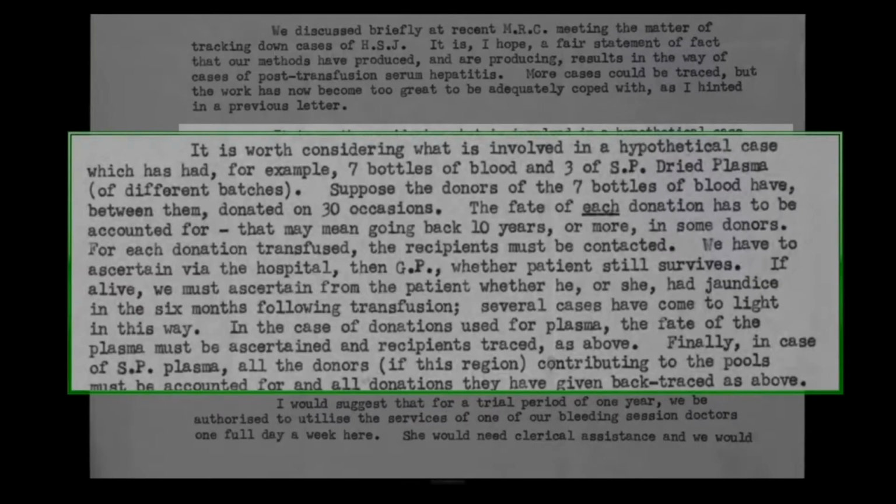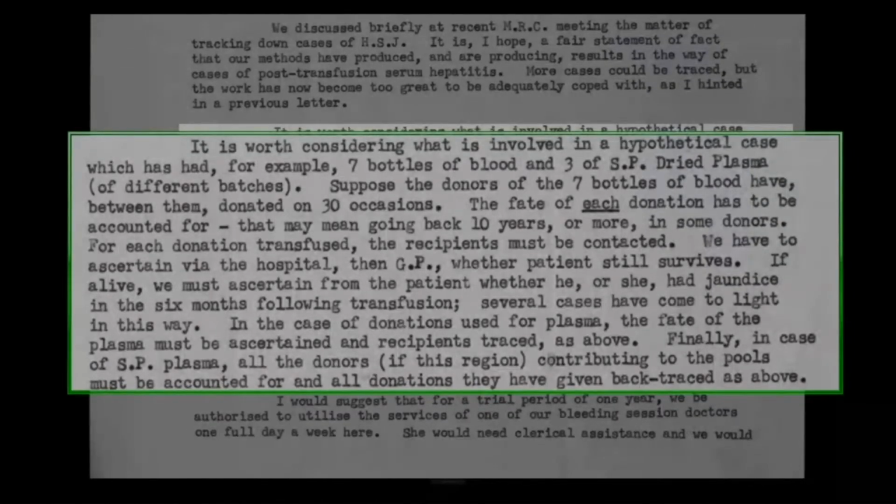That may mean going back 10 years or more in some donors. For each donation transfused, the recipients must be contacted. We have to ascertain via the hospital, then GP, whether patient still survives. If alive, we must ascertain from the patient whether he or she had jaundice in the 6 months following transfusion.